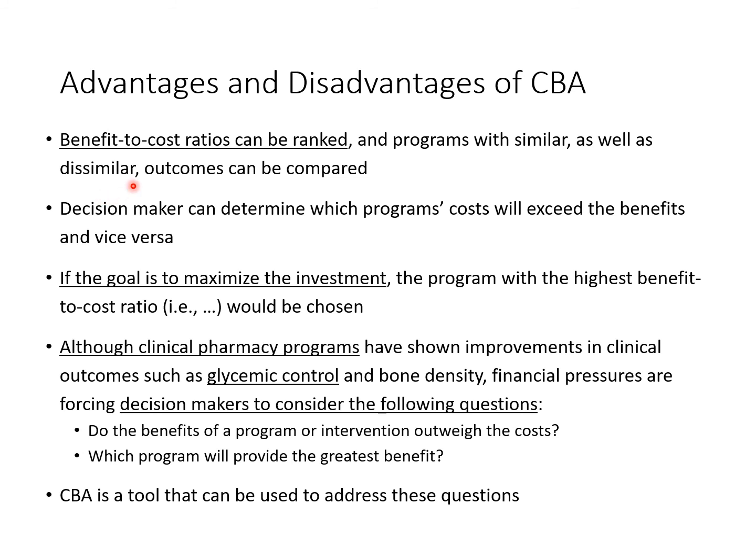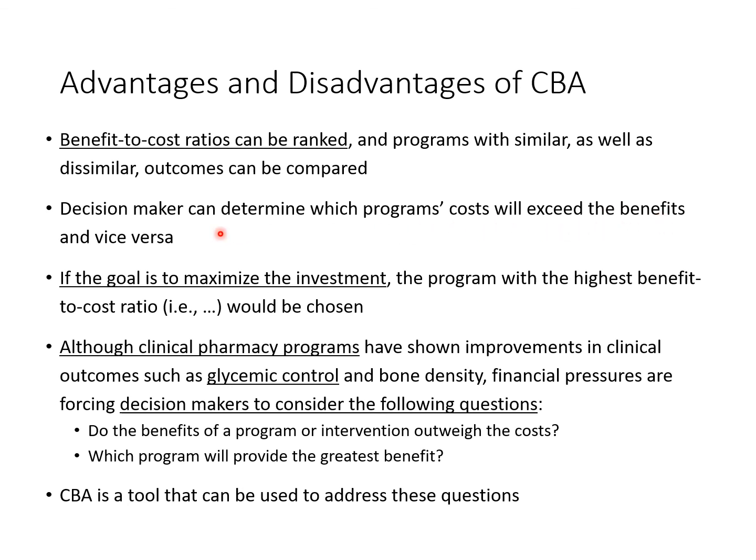So as we said, benefit to cost ratios can be ranked, and this is an advantage. Different programs and also similar programs can be compared, and the decision makers can determine which program's cost will exceed the benefits ahead of time.